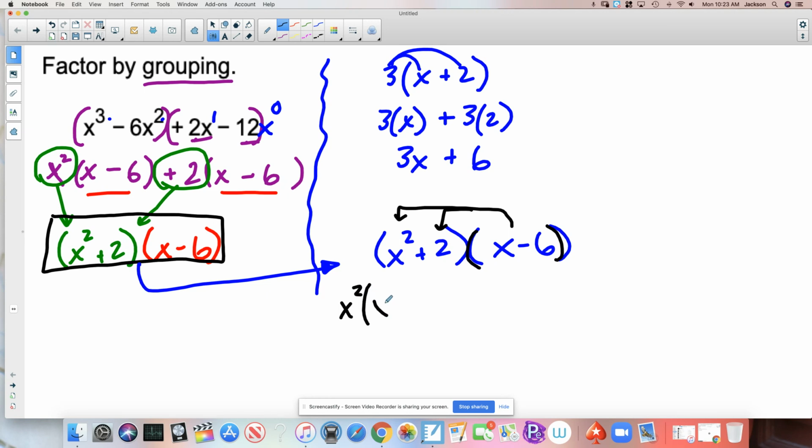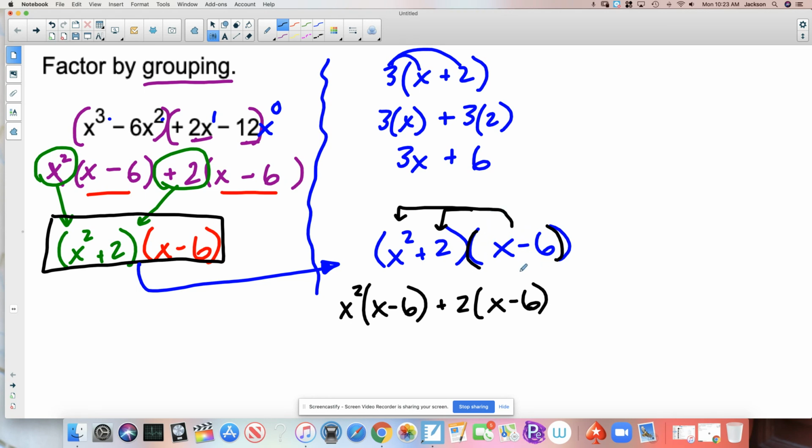That'd be x squared times x minus 6. And then I'd be taking x minus 6 and multiplying it times the positive 2. So it's not unlike what we did here. We're distributing from the back instead of the front like we did here, but the process is still the same.